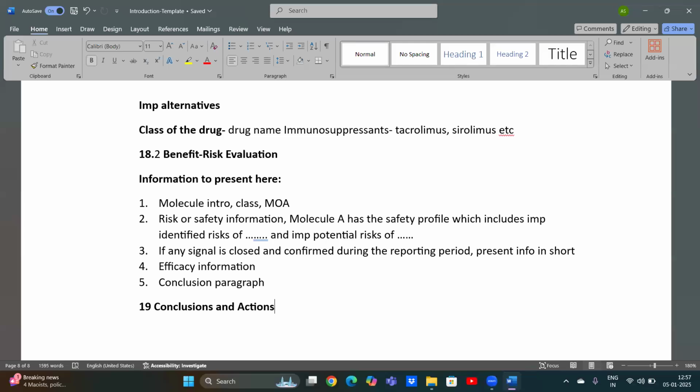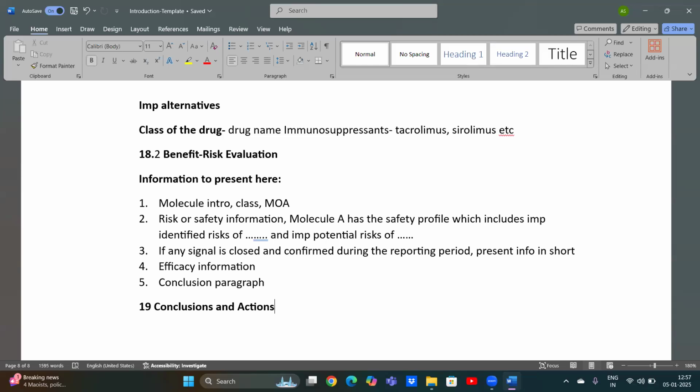And if there is any new signal, you can write that during the reporting period a new safety signal was evaluated and closed, due to which the CCDS was updated. Only the confirmed signal we write here, not the refuted one.